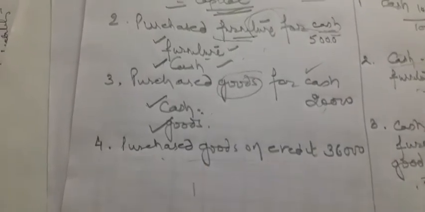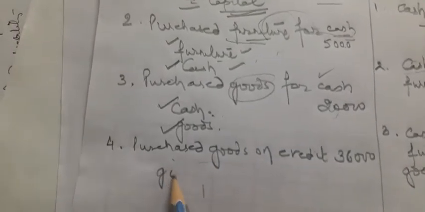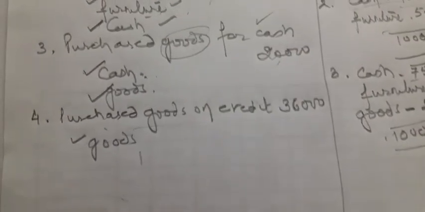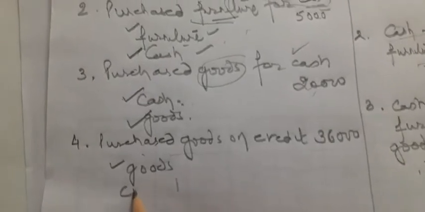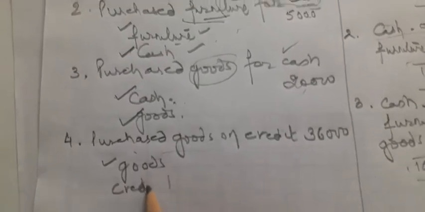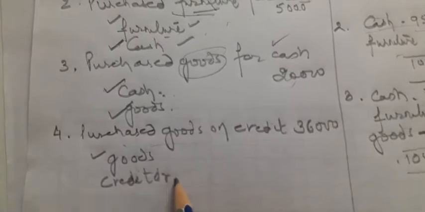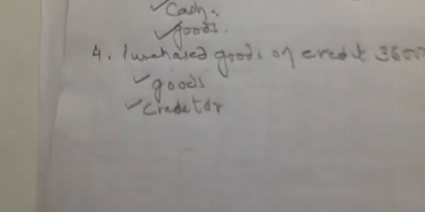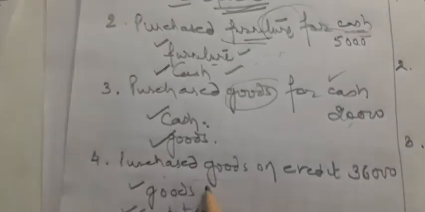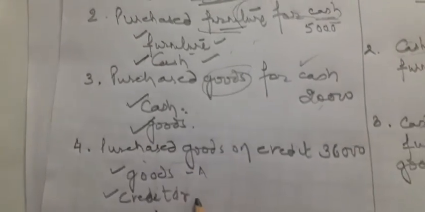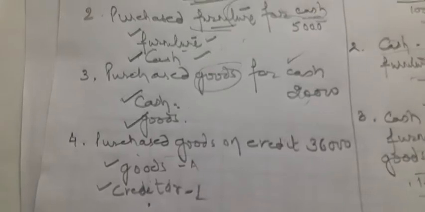The two aspects involved: first is goods which are coming in the business, and other aspect is our creditor. We have purchased goods on credit. That means the seller, person from whom the goods are purchased, becomes our creditor. Goods are our assets, creditor is our liability.